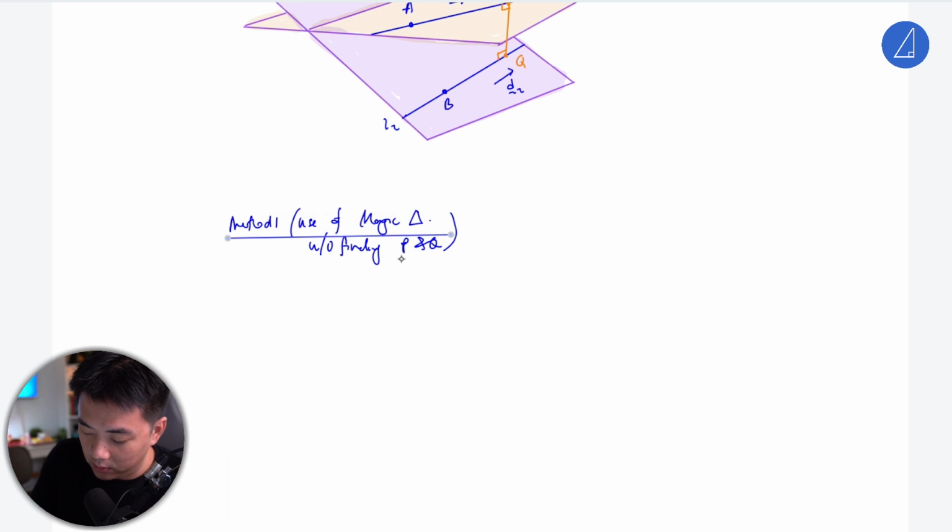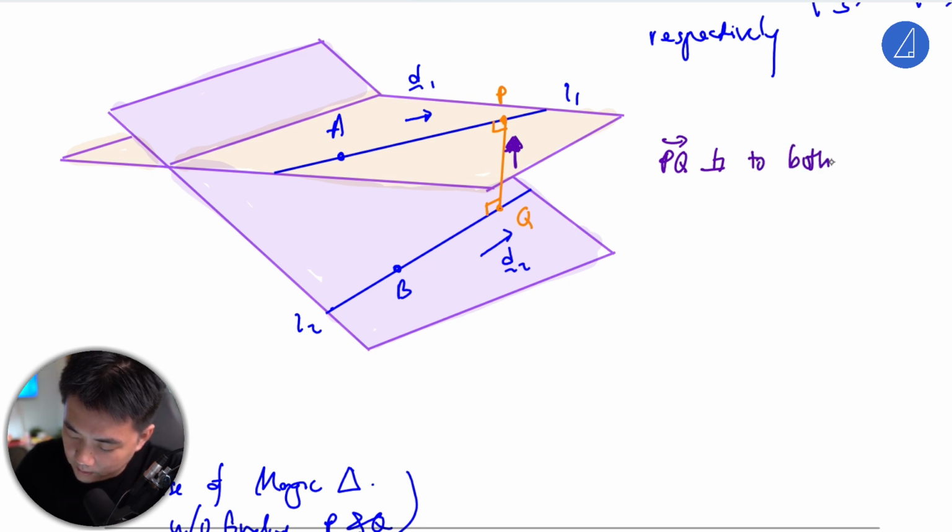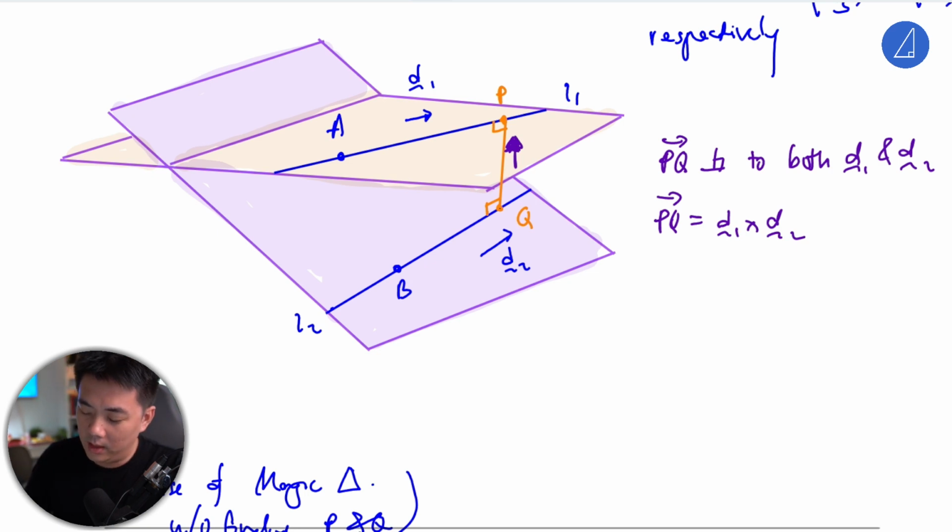You can actually see that PQ is perpendicular to both D1 and D2, so the direction of PQ will just be D1 cross D2.